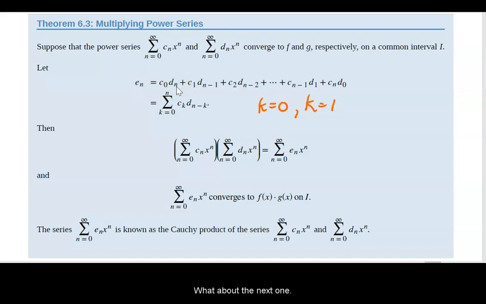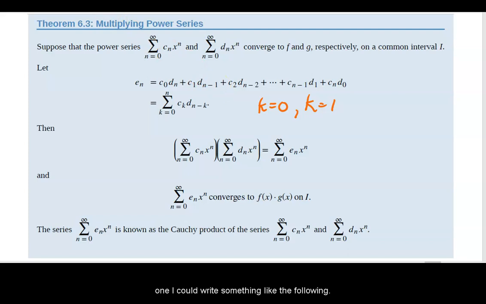What about the next one? If I let k be 1, then I would use c sub 1, and I would multiply it by d sub n minus 1. This gives me the next one. If I wanted, I could do a third one as well.